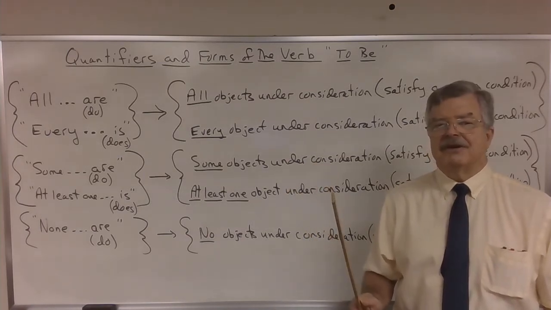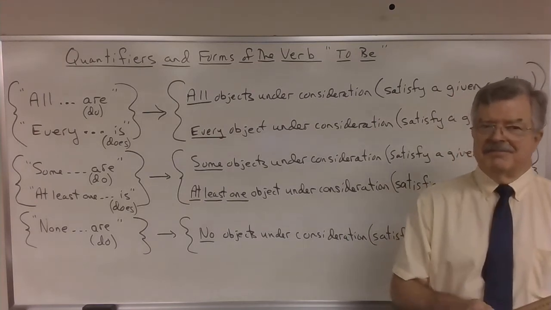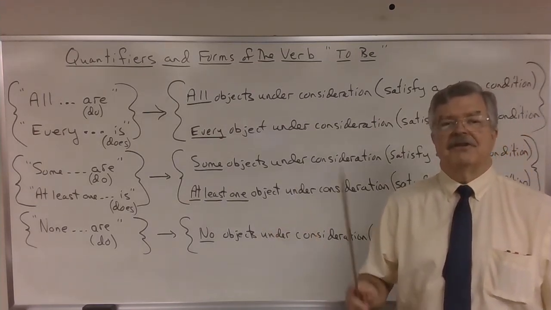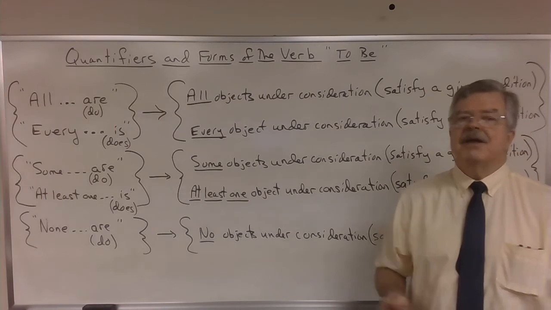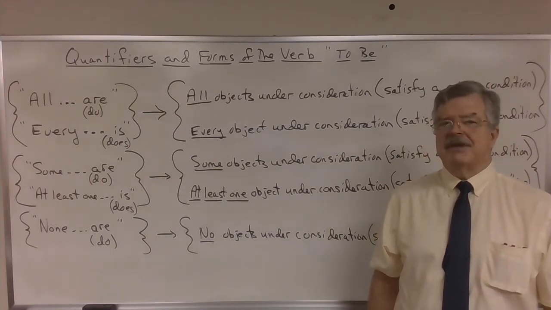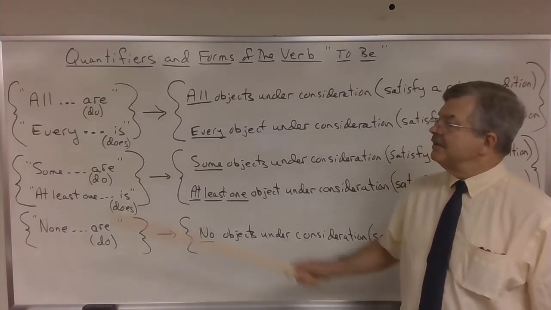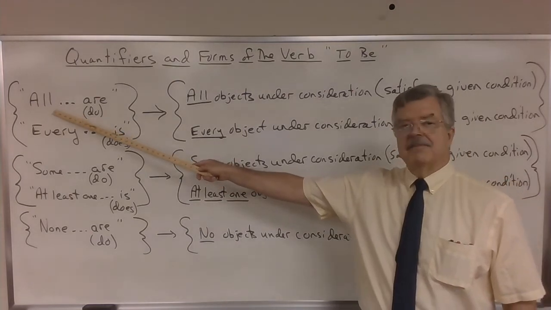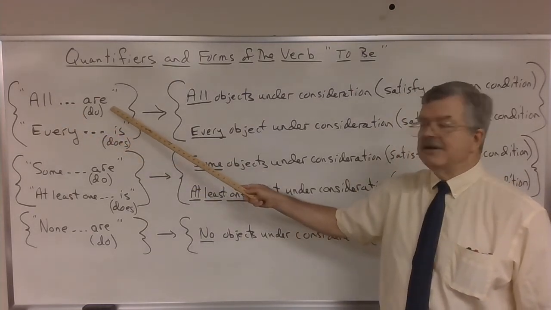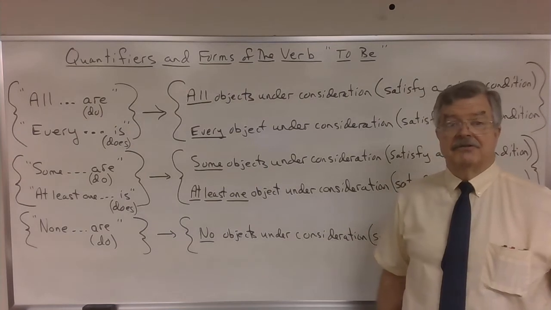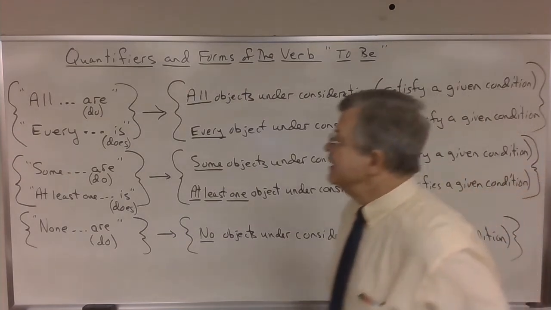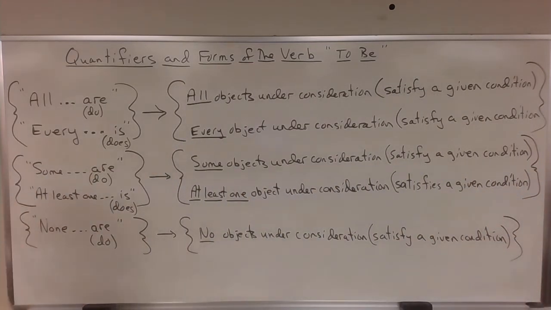All such and such are pilots. All astronauts are pilots. Maybe that statement's true, maybe it's false, but typically when we use a quantifier, somewhere there has to be a form of the verb to be also. So the quantifier all goes with the verb are or perhaps do.